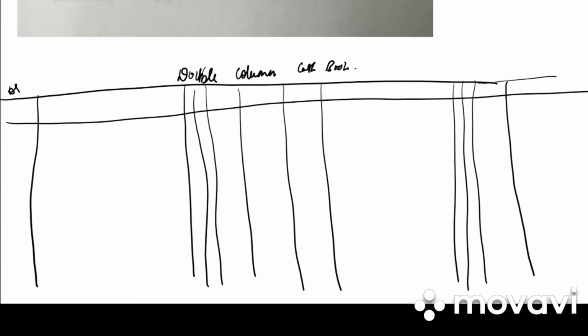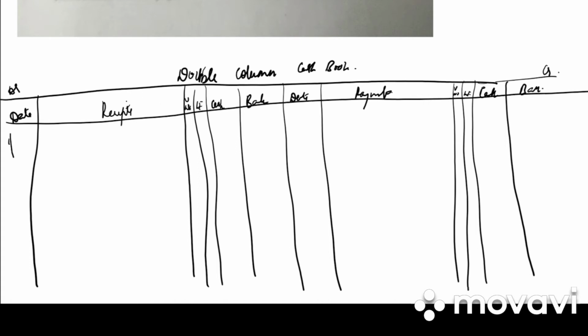So we have two sides, debit side and credit side.